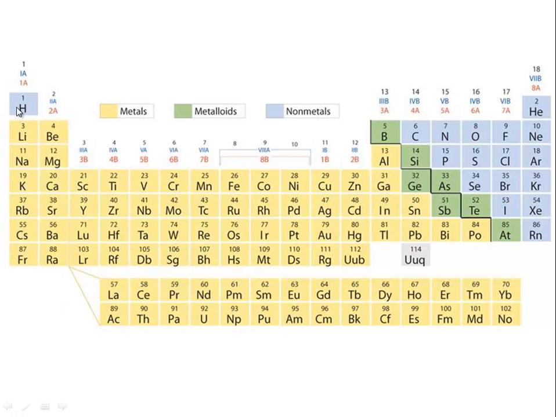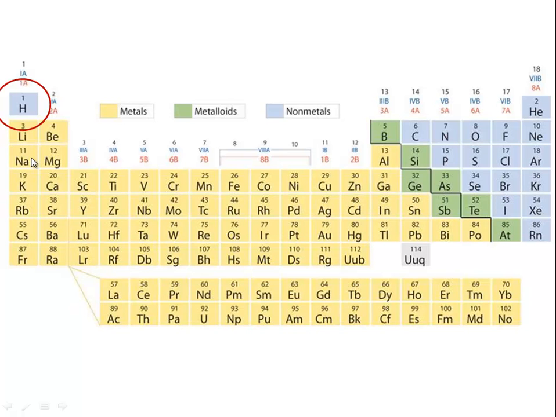So we can consult the periodic table, and as you know, hydrogen's right here. And so when we, quote unquote, look at the recipe for making hydrogen, when we look at hydrogen on the periodic table, we notice it has a 1. It's this whole number. And what does that mean? What does the 1 mean?